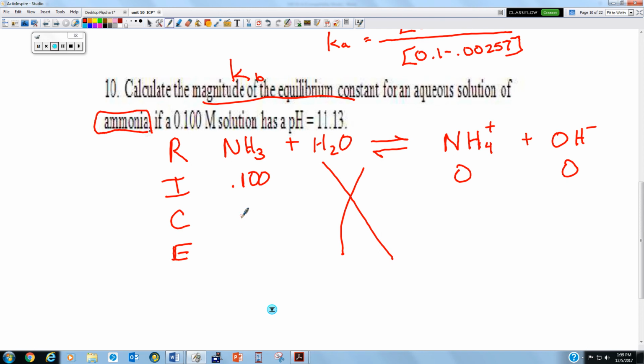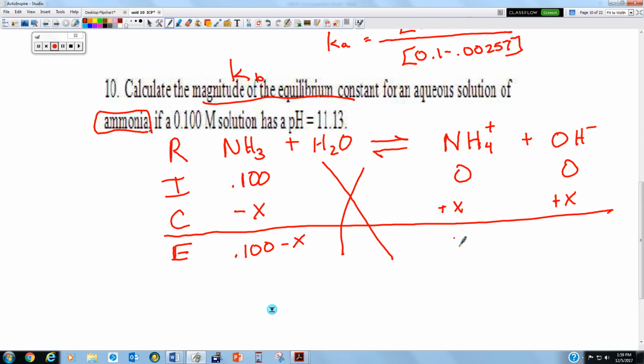Is this going to go up or down? Down. Minus x, so that means this is plus x. Plus x. So I have 0.100 minus x and then I have X and X.